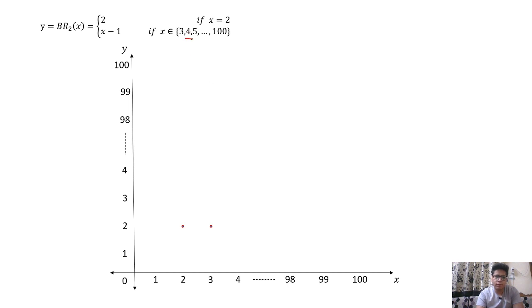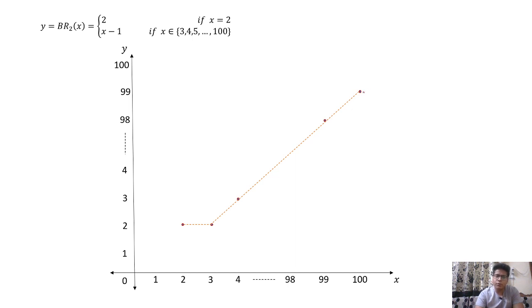If x is equal to 4, then the best response is to choose something like 3, and do the same exercise for x is equal to 100. The best response is 99. If x is equal to 99, y is equal to 98. So I draw all the points and join them by dotted lines.